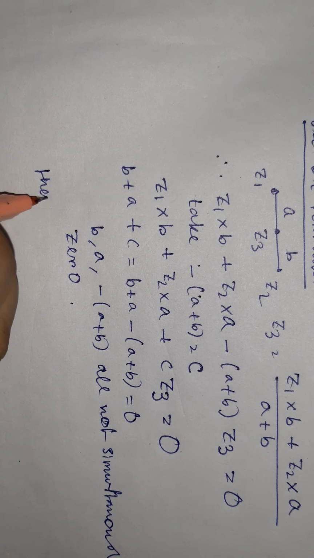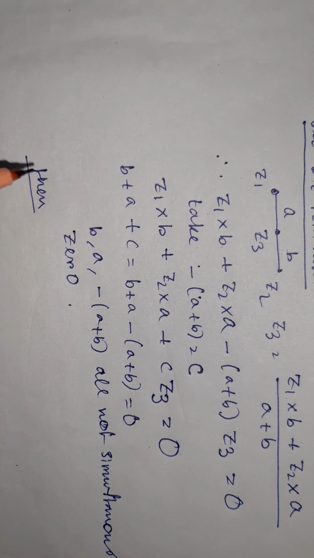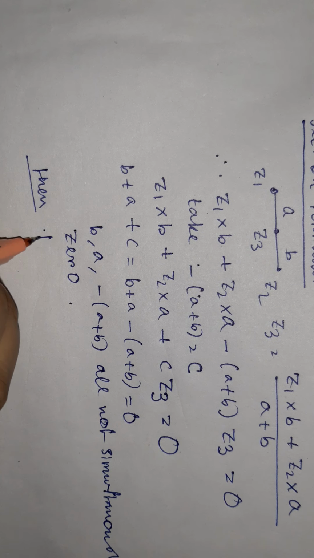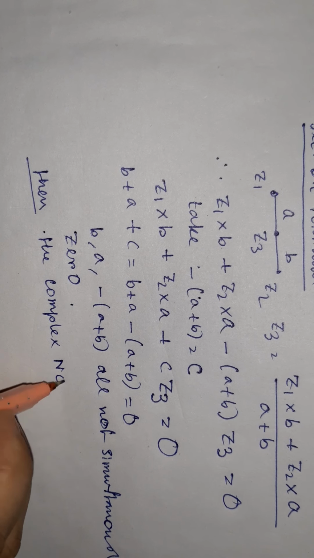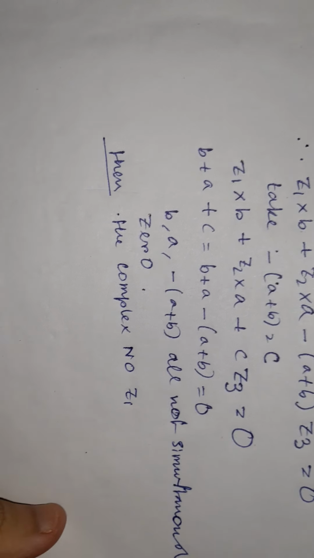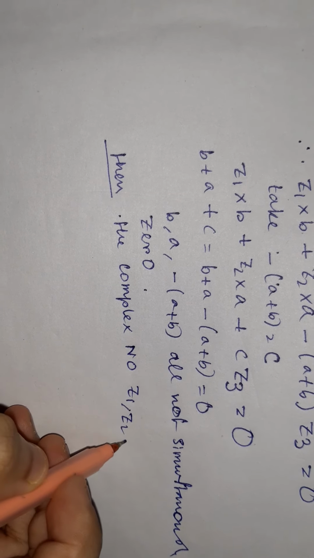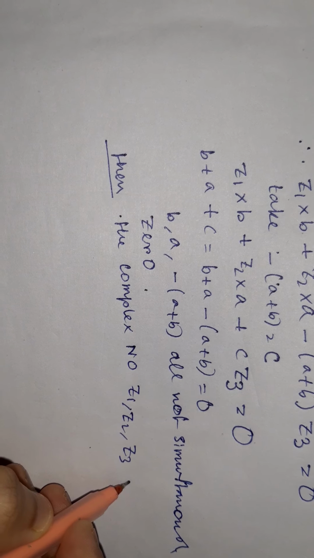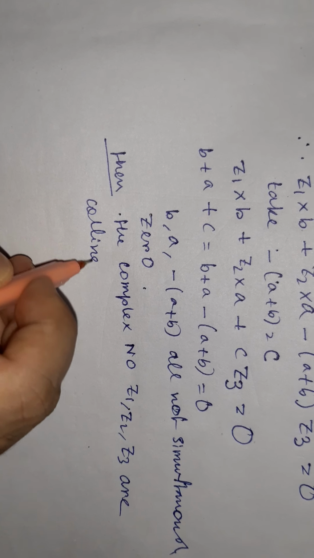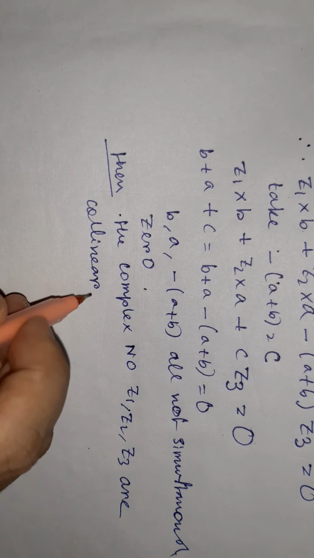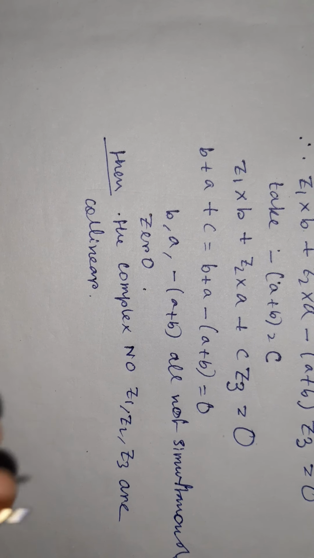Then it is very clear that the complex numbers z1, z2, z3 are collinear. So what is the conclusion?